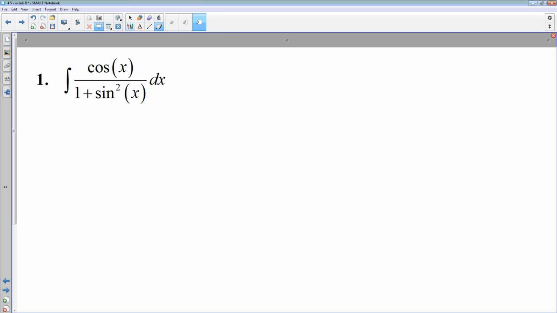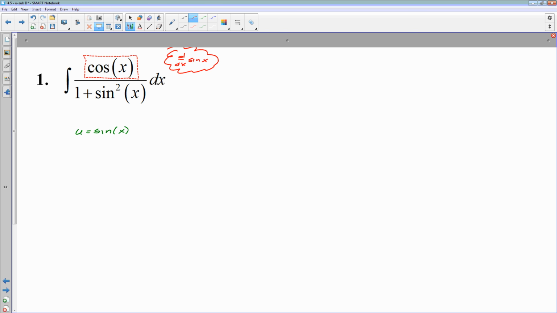And what we're actually going to pick for u on this one is sine x, and that's it. So we're going to let u be just sine x. And the reason I want to use sine x is because I'm looking in the numerator, and I see cosine, which I recognize. In the back of my mind, I know that that is the derivative of sine x.